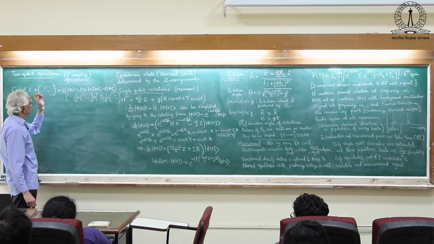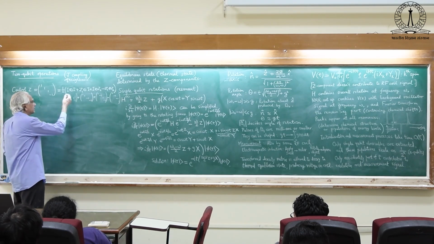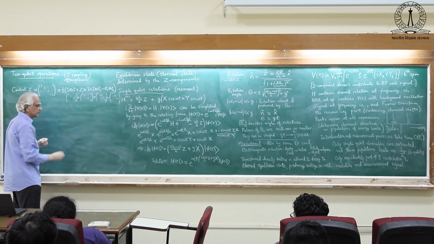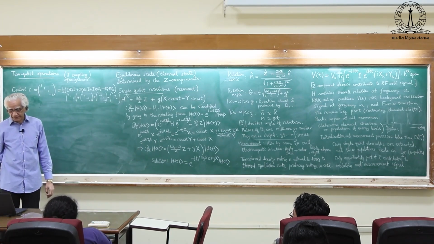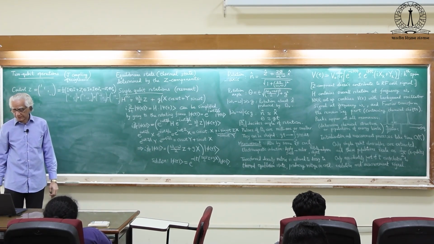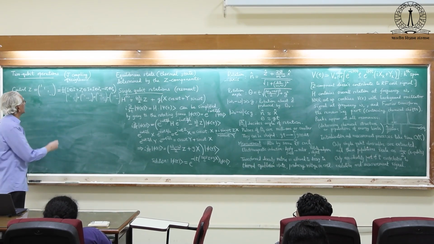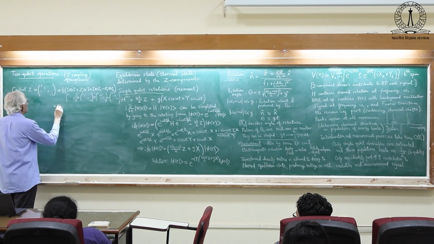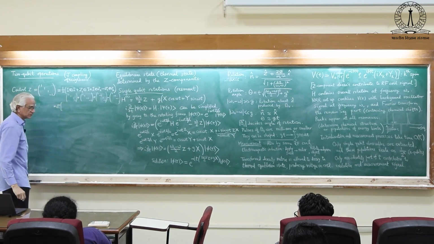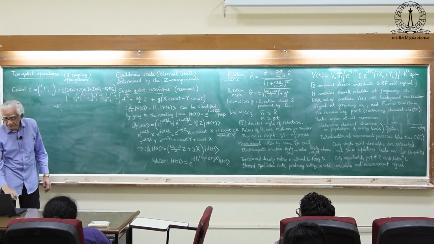And now using the identity of exponentiating the Pauli matrices, you can rewrite this thing as a product of exponentials. The overall normalization is to take care of the phase, but that doesn't matter very much.